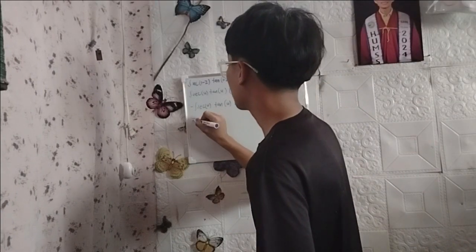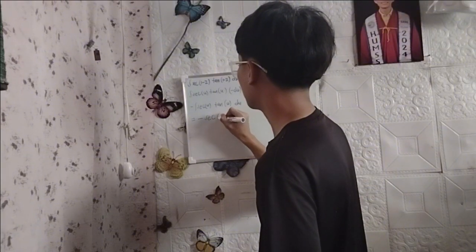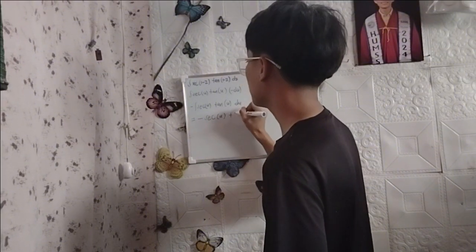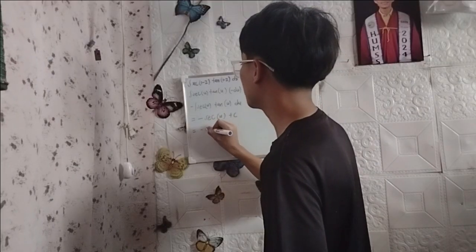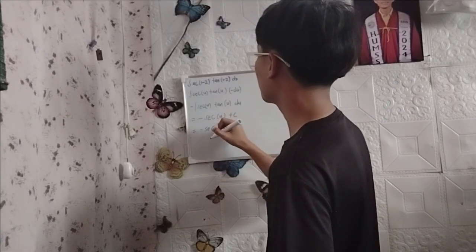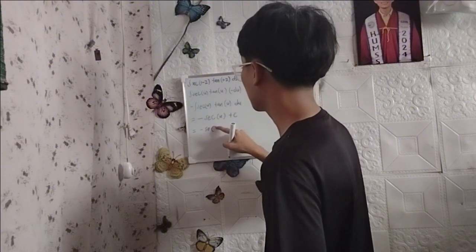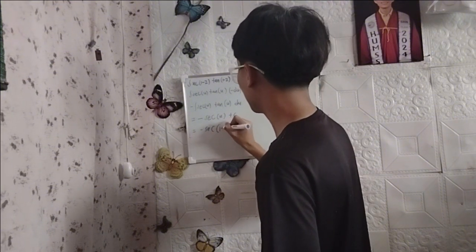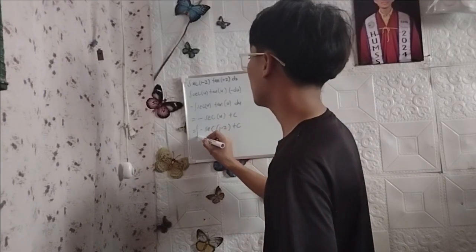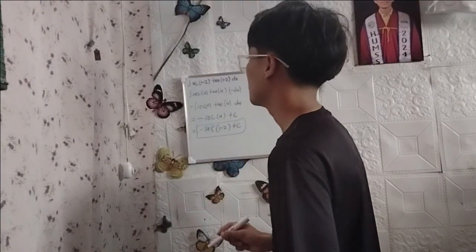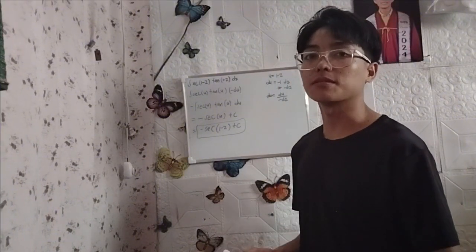So negative secant of u plus c. So negative secant, and substitute the u, 1 minus z, plus c, and this is the final answer. So negative secant of 1 minus z plus c.